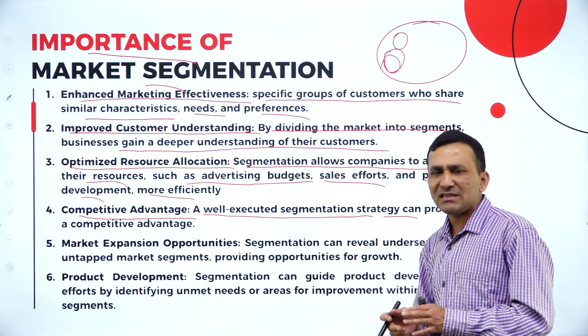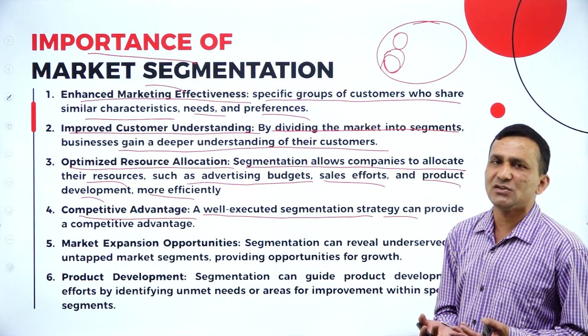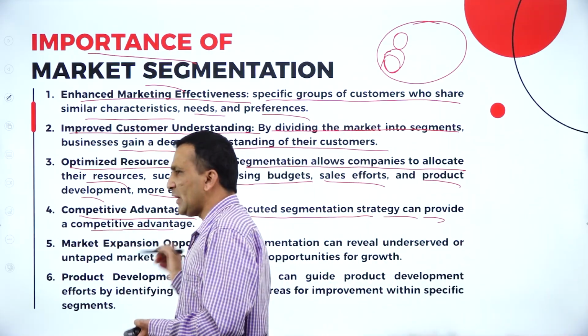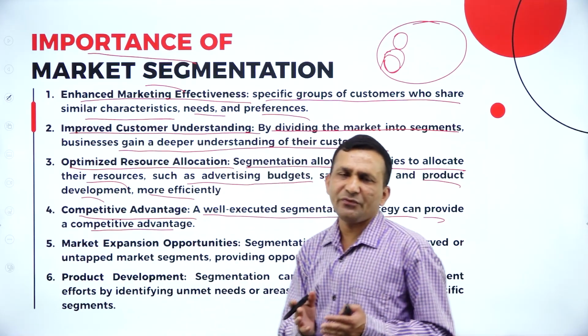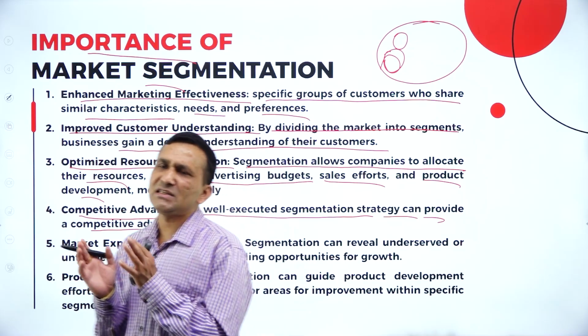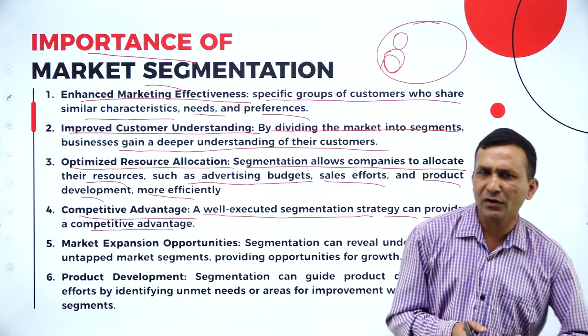Based on the segmentation, we can design our strategy so that I can reach very fast and gain competitive advantages. Easily we can, because when we are competing with the North Indians, we need to study who is standing in the competition and giving competition to my company.